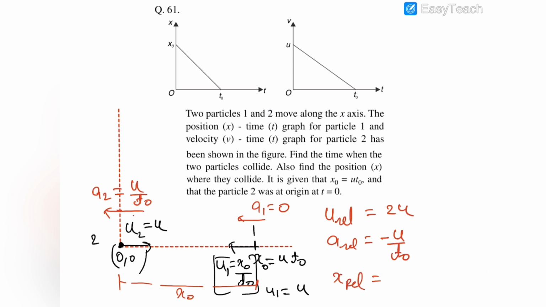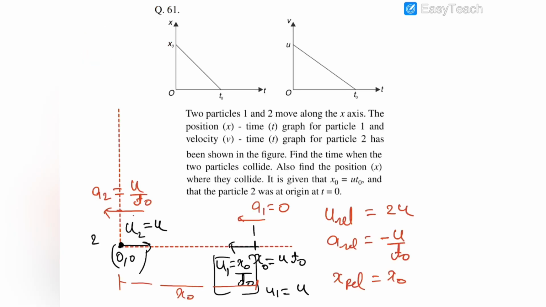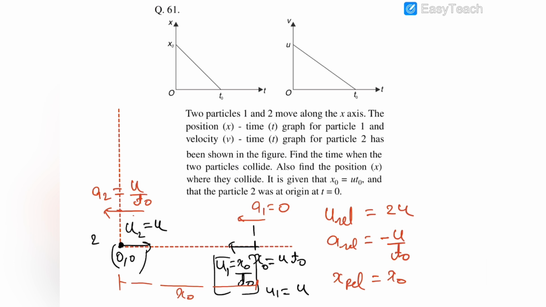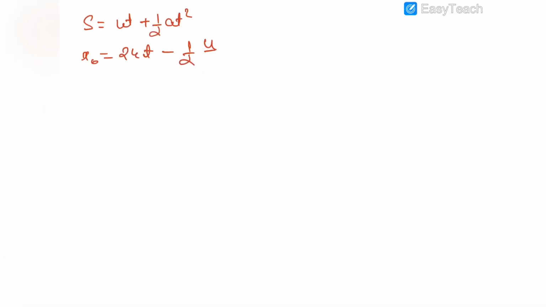Now we can use the equation of motion, S is equal to ut plus half at square. So S is x naught, u is 2u, time is t, minus half, acceleration is u by t naught, into t square.